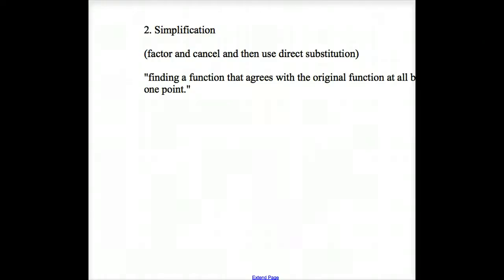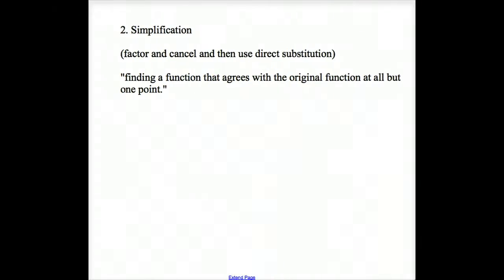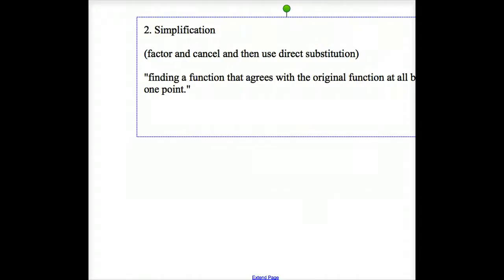Simplification is the second option that you use if you can't just use direct substitution. You factor and cancel, and then you use direct substitution. On your homework, it's going to ask you to find a function that agrees with the original function at all but one point. It'll also say that on tests.